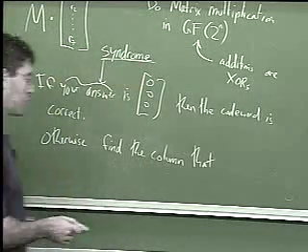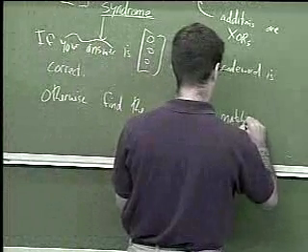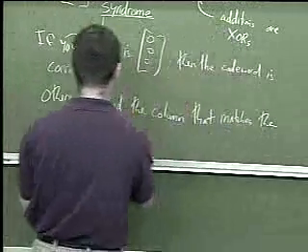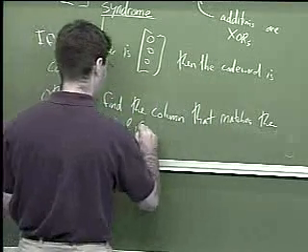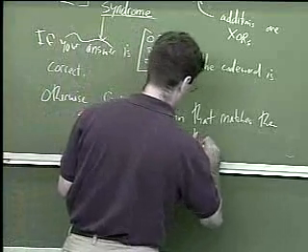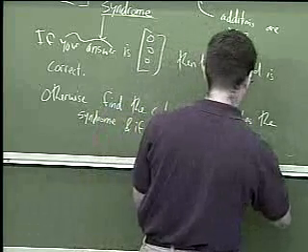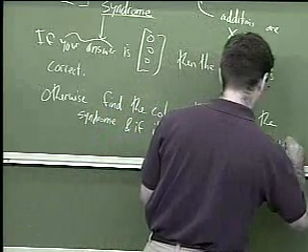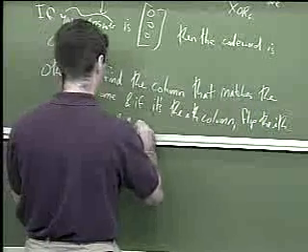Find the column that matches the syndrome, and if it's the ith column, flip the ith bit.